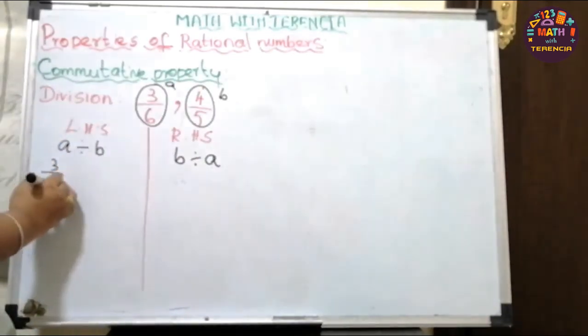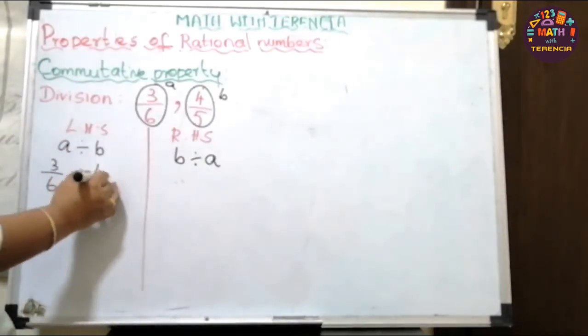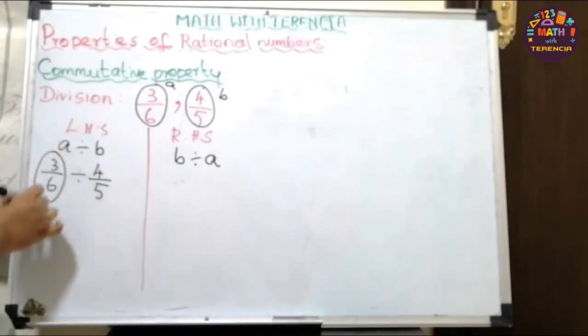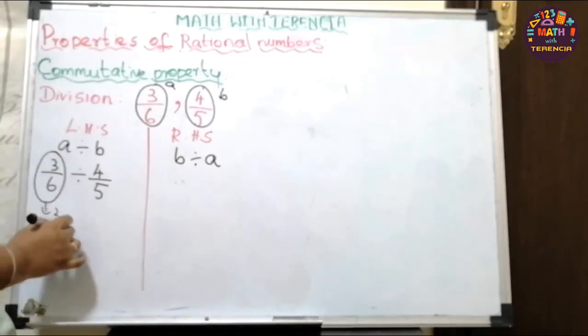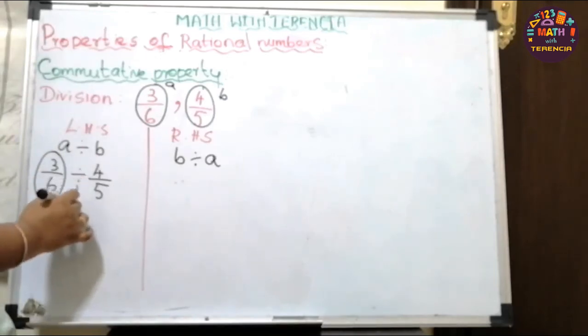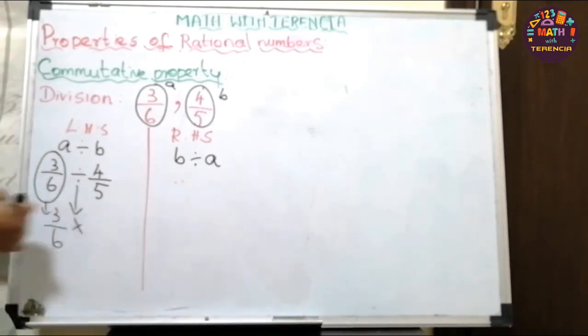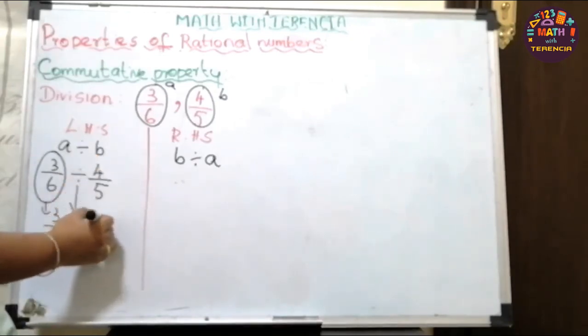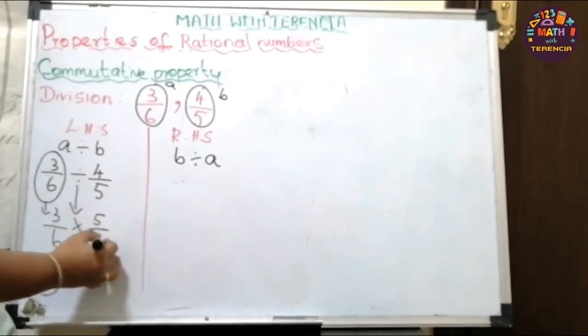So 3 by 6 divided by 4 by 5. Step number 1, have the first fraction as it is, 3 by 6. Step 2, change division to multiplication. Step 3, write the reciprocal, 5 by 4.